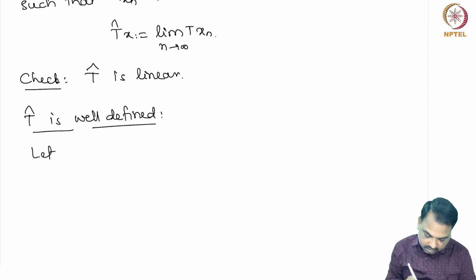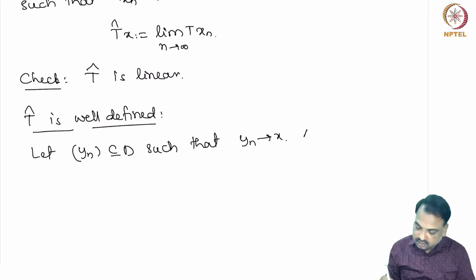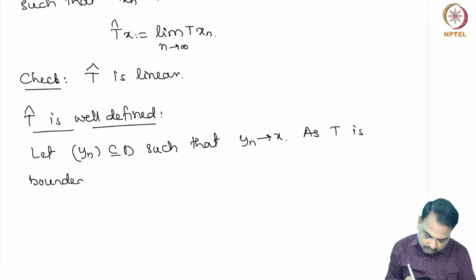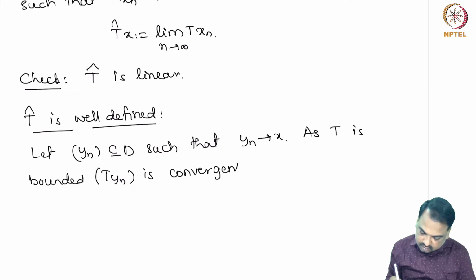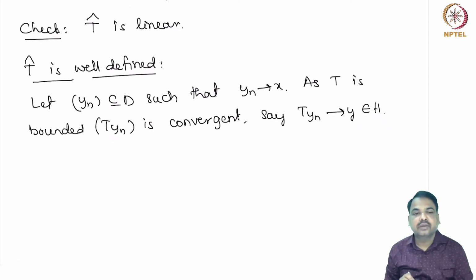So let us take yn as another sequence which approximates x. Now as T is bounded, Tyn is convergent. Say Tyn converges to y in H. Okay, now we want to show that y equals T hat x.